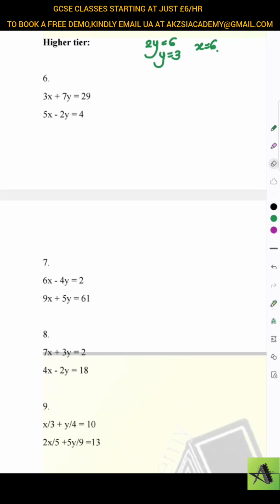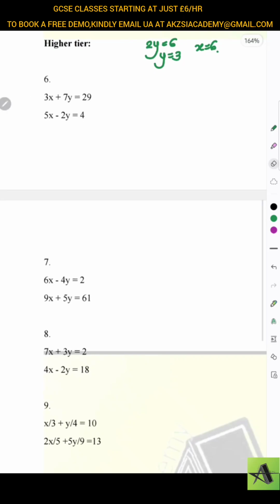So I'll multiply the first equation with 5 to make it 15, and similarly the bottom one with 3.